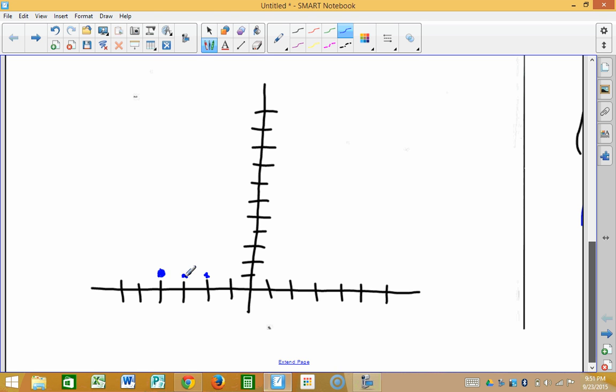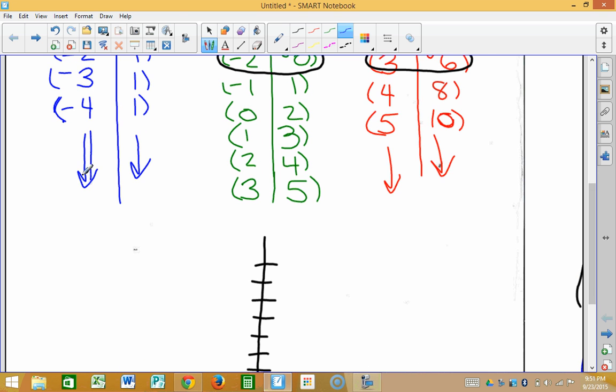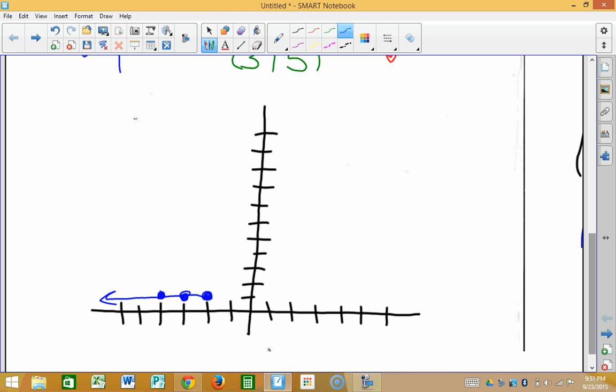We'll make them big old dots here. Now, we're going to connect those up and continue the pattern forever. So as you can see, since this is being drawn forever, the end of our graph is going to be drawn forever also. So the graph is going to go to the left forever.